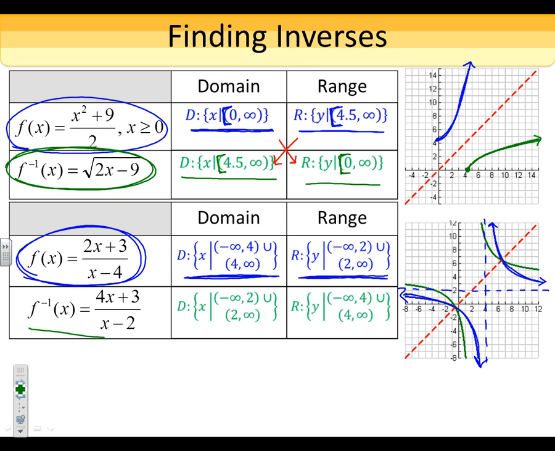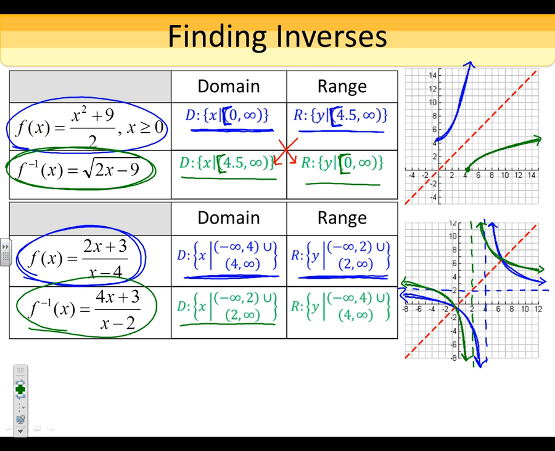So now let's look at the inverse function. We have (4x plus 3) over (x minus 2). It's this green graph over here on the right that you're looking at. So for this one, it looks like we have a vertical asymptote at 2. So our domain goes from negative infinity to 2 and from 2 to infinity.